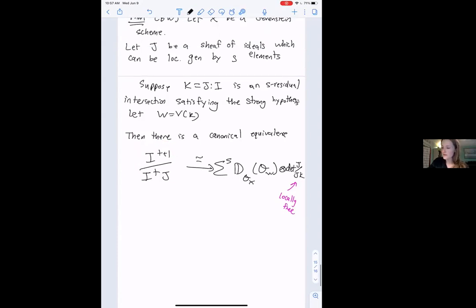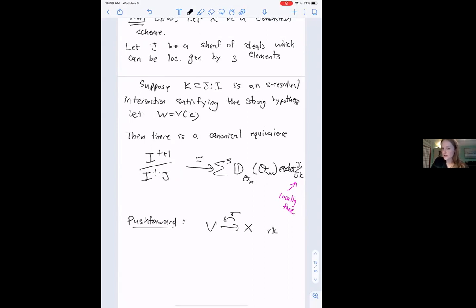And so, sending a perfect pairing with values in this to its coherent duality push forward. So let's say, so push forward. X is above, and now we'll use a vector bundle.